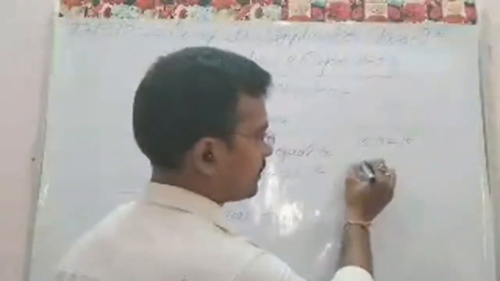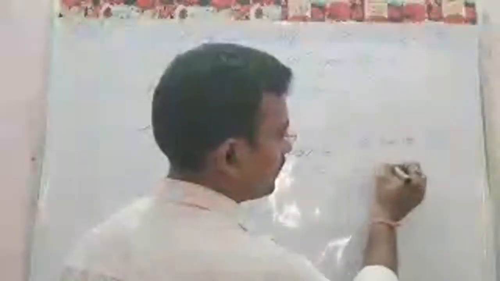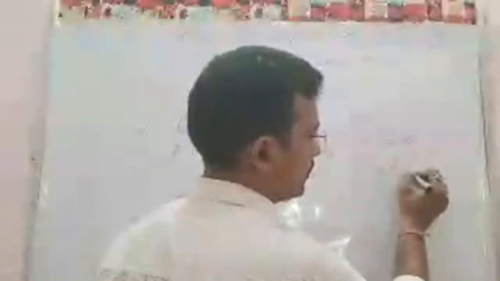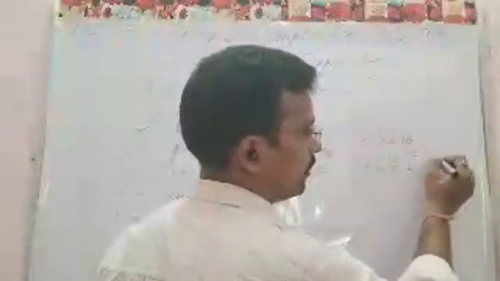Do you know how this takes place? First it is checked whether 15 is greater than 16 or not. Not. Then it is checked 15 is equal to 16. When both are false, the accumulated result becomes false. Aggregate result becomes false. Clear now?